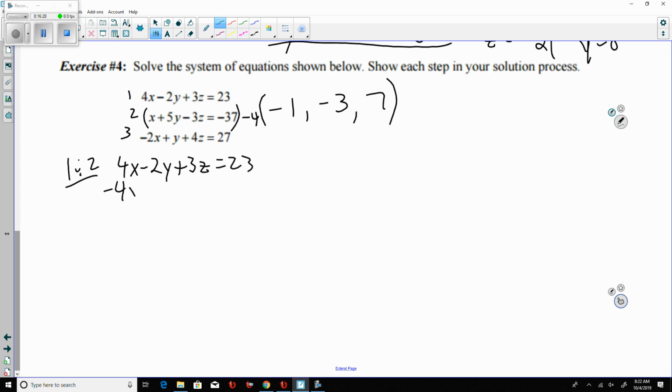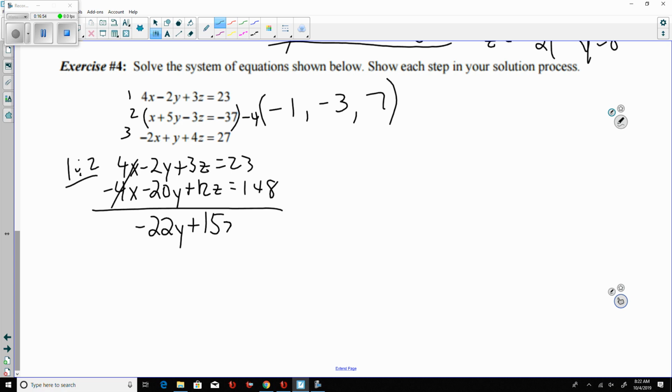So that gives me negative 4x minus 20y plus 12z equals, and use your calculator if you have to. So I have the 37 times 4, which is a positive 148. So then the x's are gone. So then I have a negative 22y plus 15z equals 171.